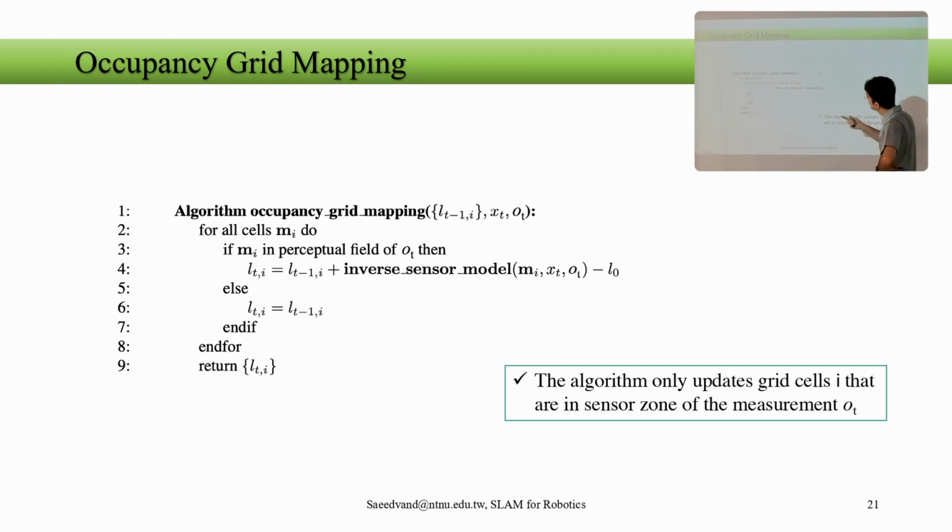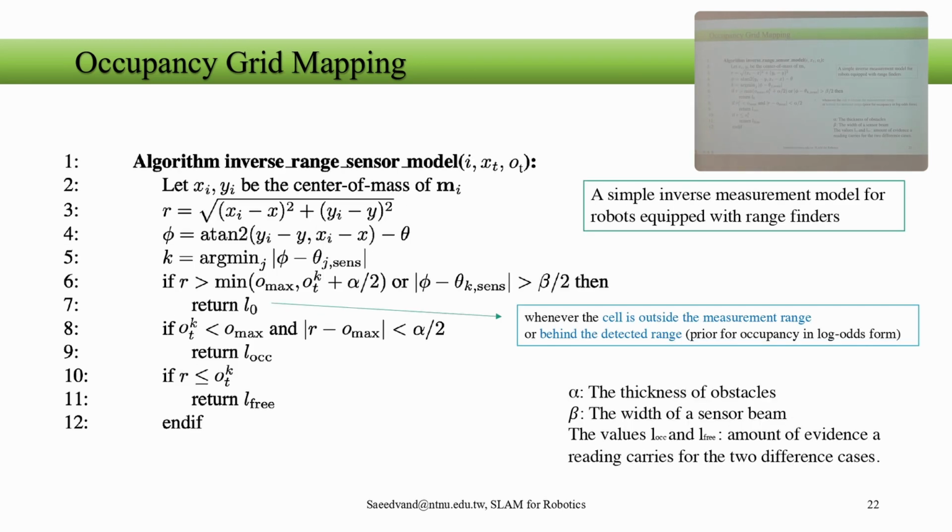But of course, everything is clear except the inverse sensor model over here. I think I have it in the next slide. So how does this inverse sensor model look? It looks like this. What does it mean?